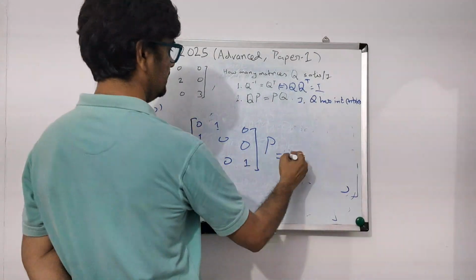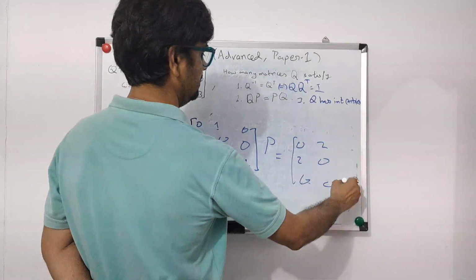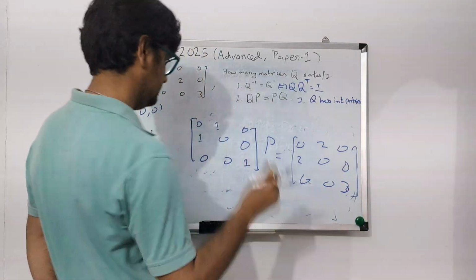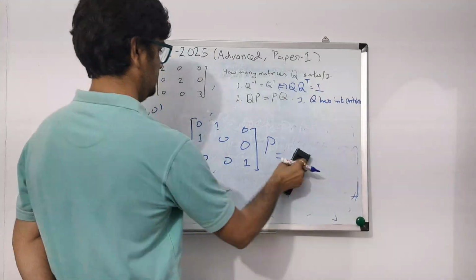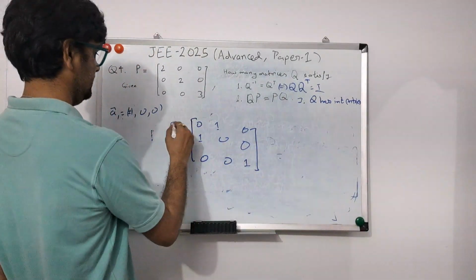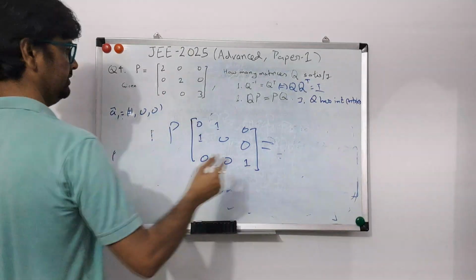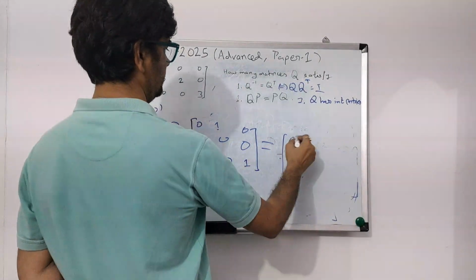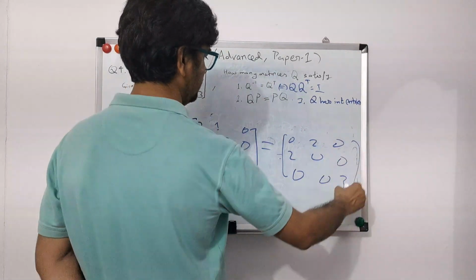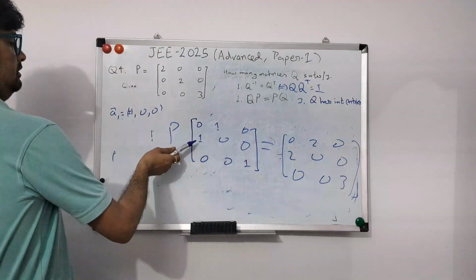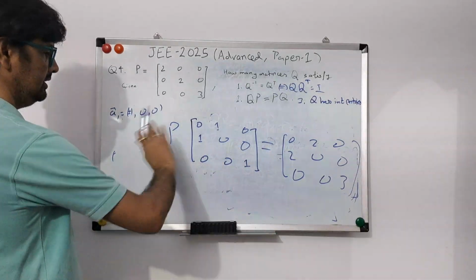So we will get 0 2 0, 2 0 0, 0 0 3. And if we multiply P first, then it will lead to changing these two columns. We again get 0 2 0, 2 0 0, 0 0 3, the same matrix. So commuting these two rows gives the same matrix in any order.